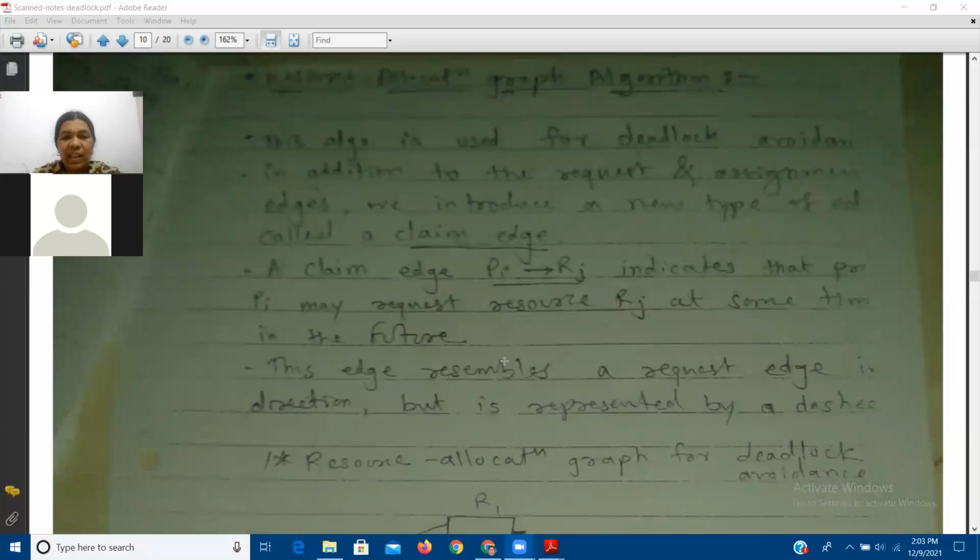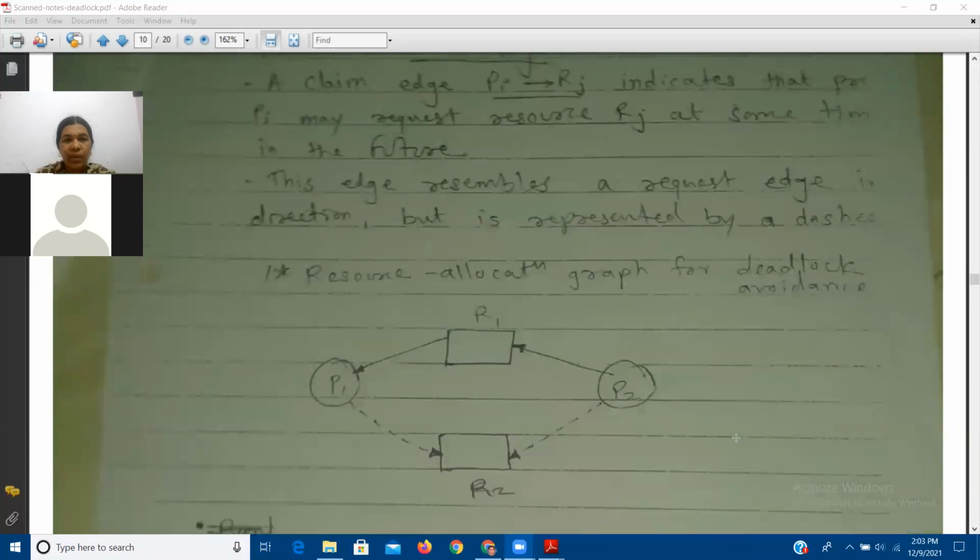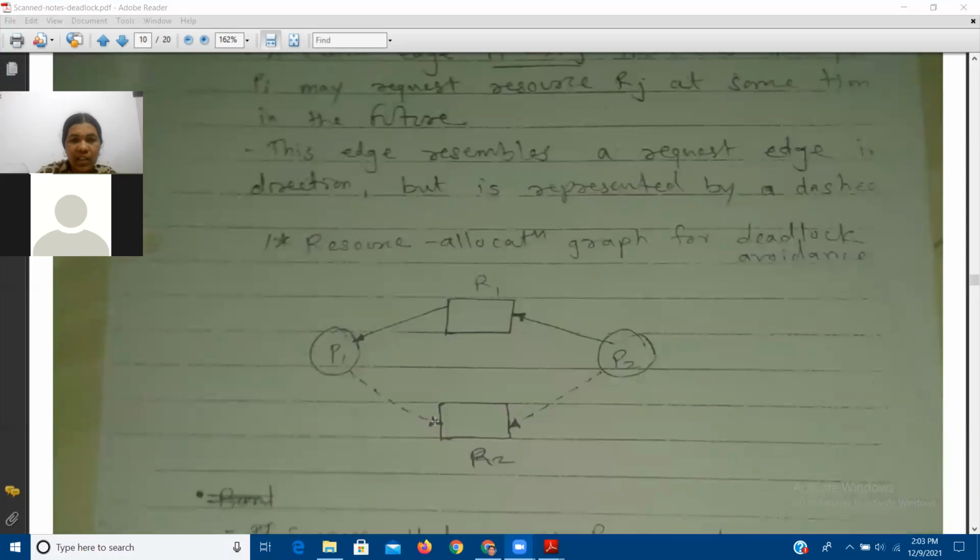This edge resembles a request edge in the same direction, but is represented by a dashed line. If you observe this figure, this is the resource allocation graph for deadlock avoidance. Here two processes are there, P1 and P2, and two resources, R1 and R2.